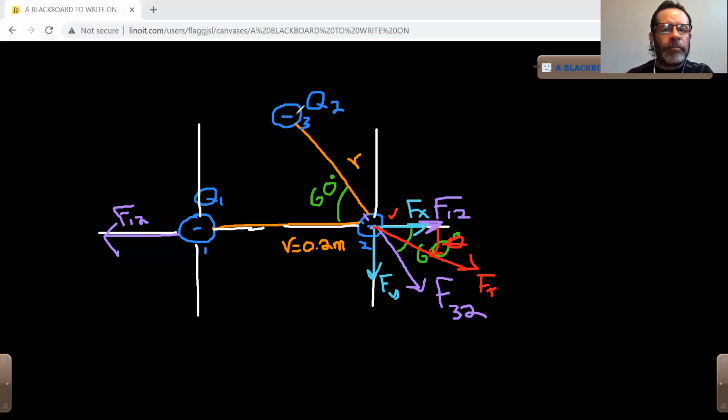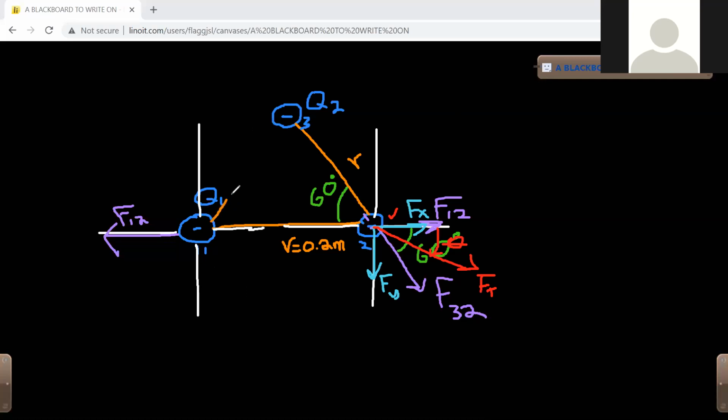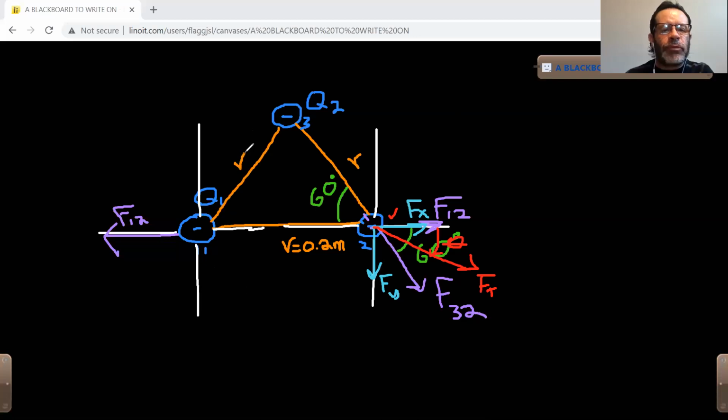Now, would you agree that there's a force between Q1 and Q3? Well, it's not written down, but yes, I guess. Well, let's remove the "I guess." Remember that if there are charges placed anywhere, number one, there are going to be electric fields, and if there are electric fields interacting, there has to be a force.